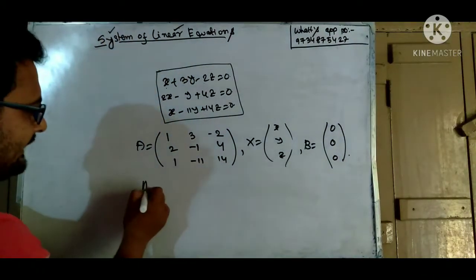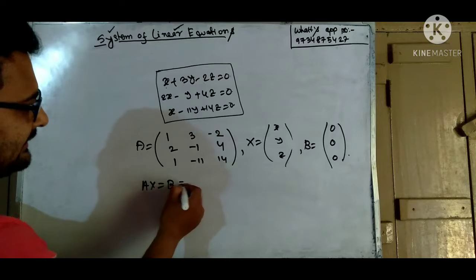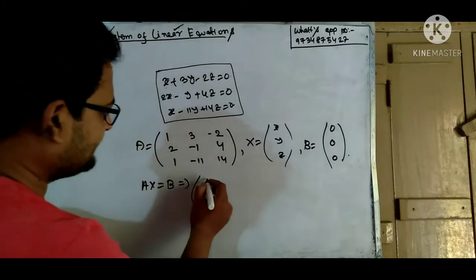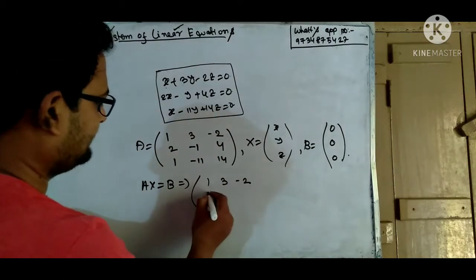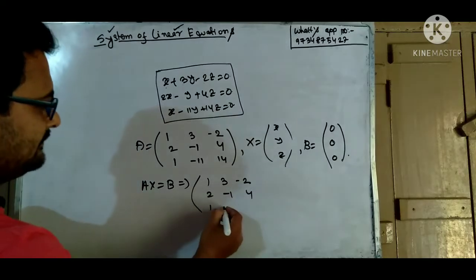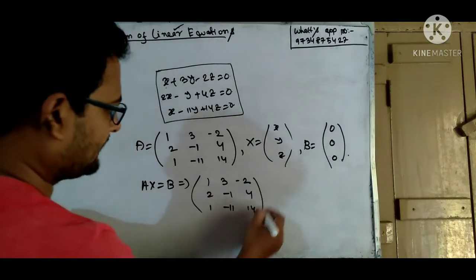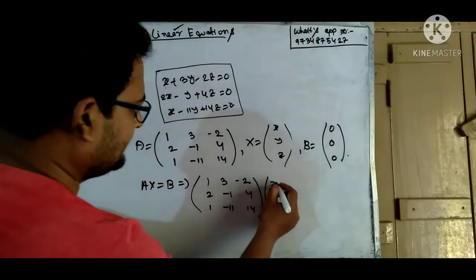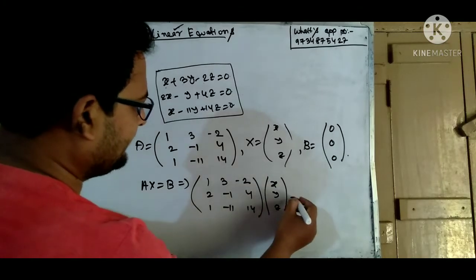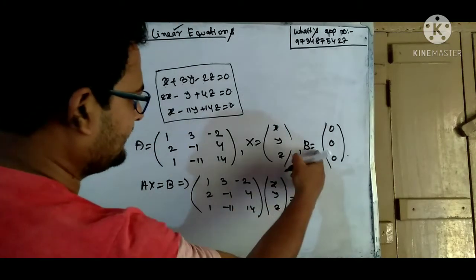Now if we write AX equals B, that means this matrix A into X equals B.